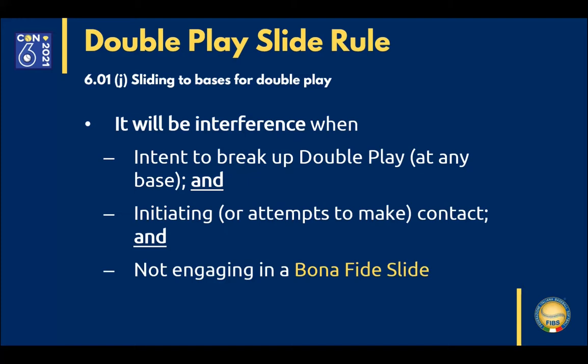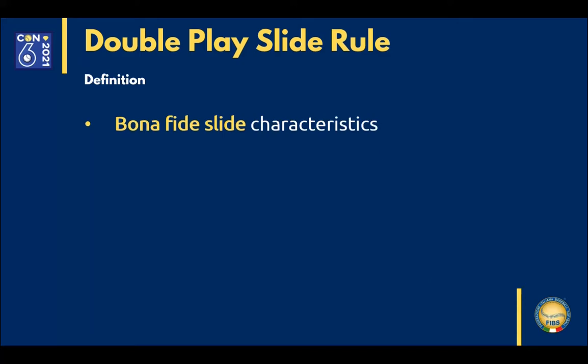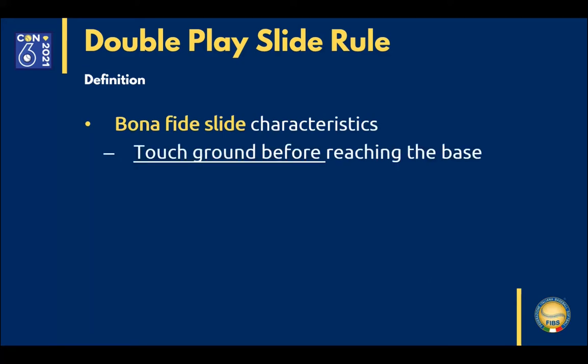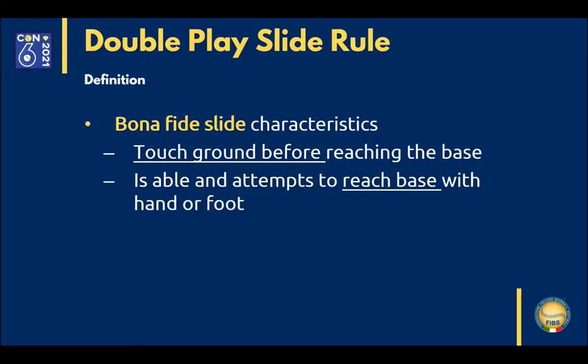So let's look at what a bona fide slide actually means. The characteristics of a bona fide slide are four things. First, the runner must touch ground before reaching the base. Not with reaching the base, but before reaching the base. So touch the ground before reaching the base, not jumping into the base.